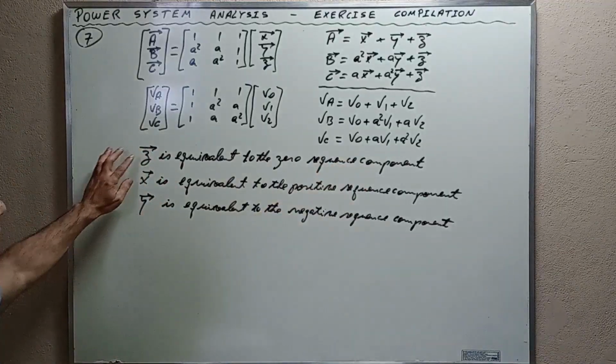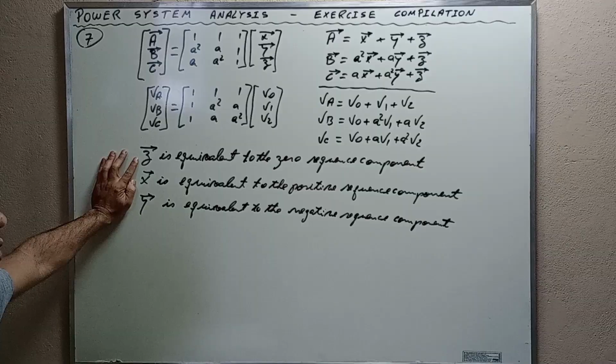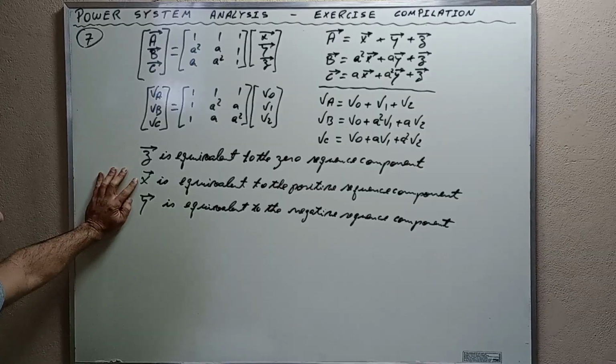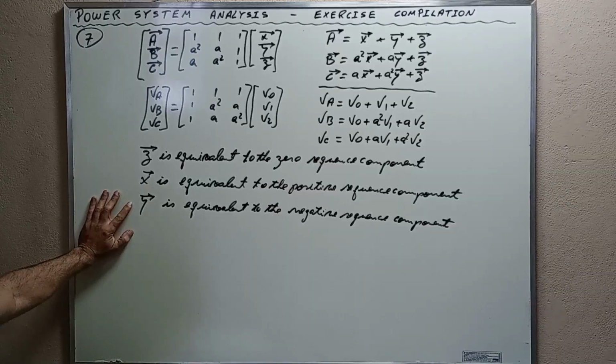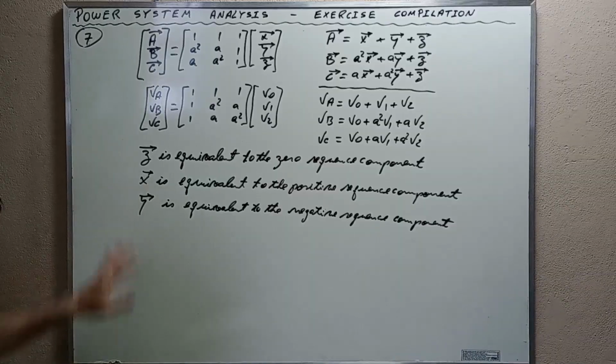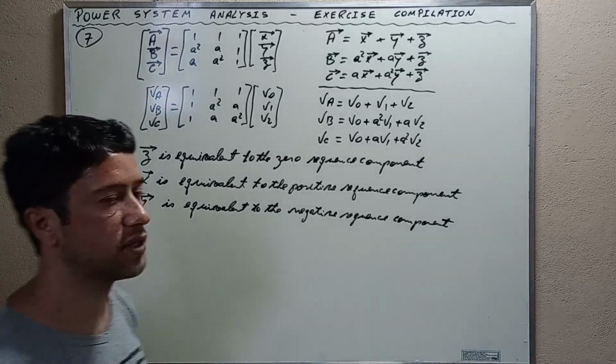And we observe that Z is equivalent to the zero sequence component, X is equivalent to the positive sequence component, and Y is equivalent to the negative sequence component, my friends. And this is all for exercise 7.